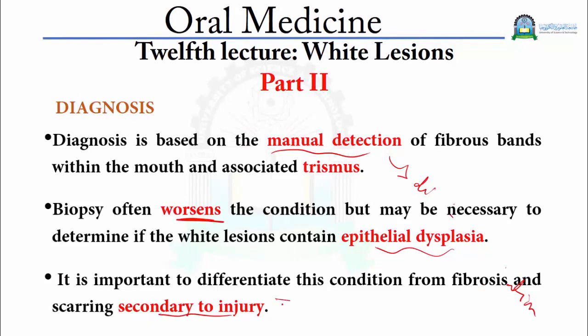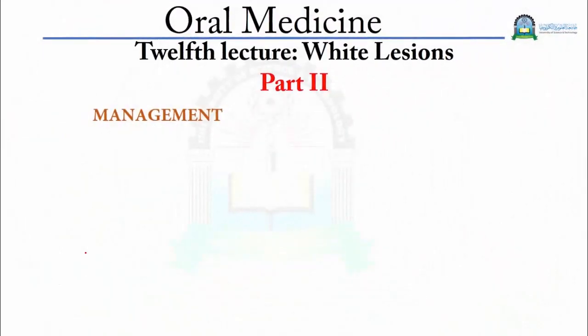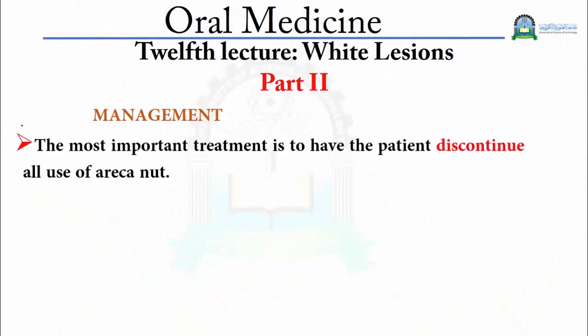So it is very important to take a very detailed medical and dental history from your patient to rule out any history of trauma or surgery which can lead to scar. The scars can resemble the fibrous bands of oral submucous fibrosis.